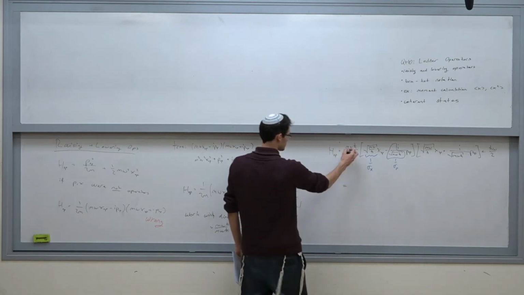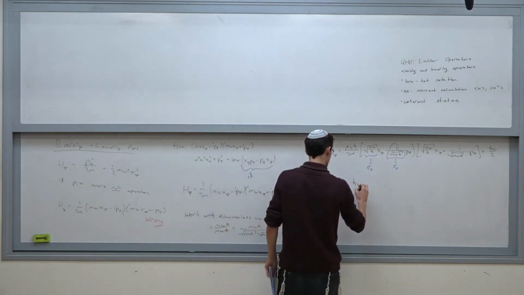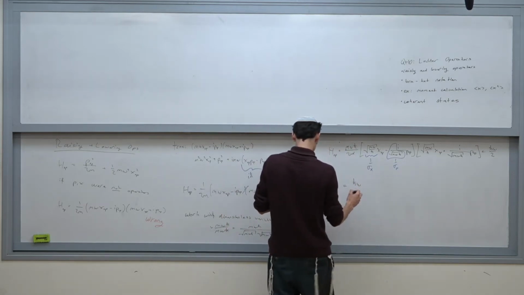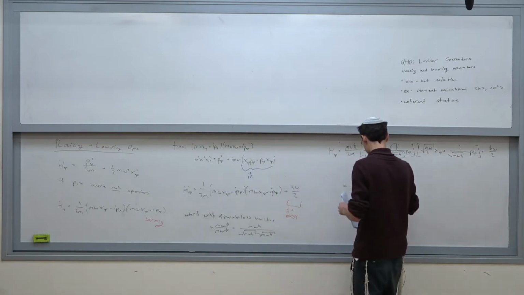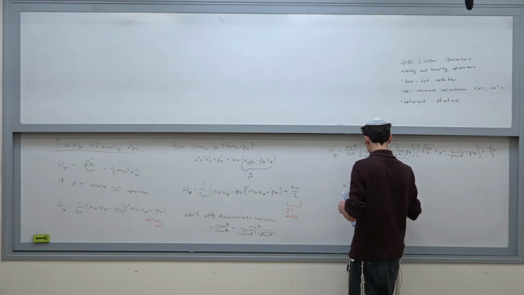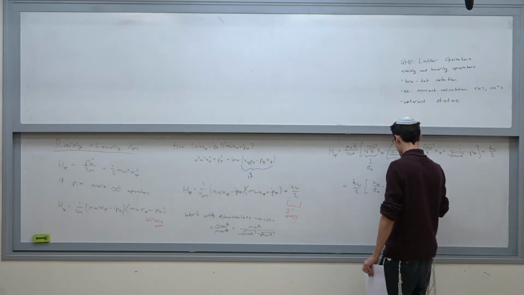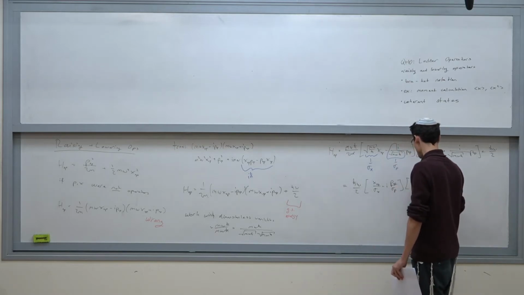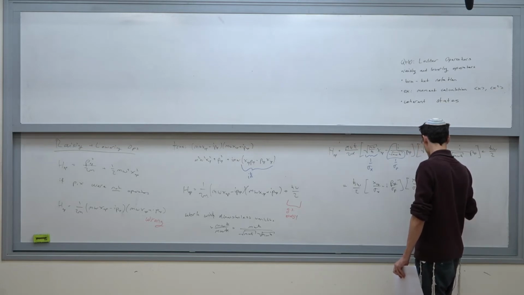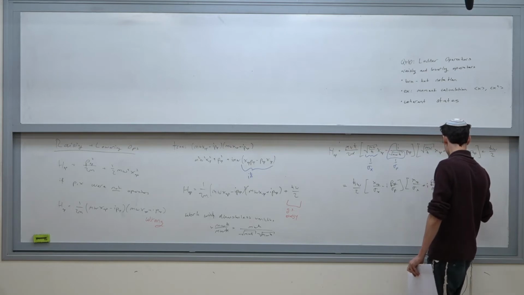I'm also going to cancel the m, so I have h bar omega divided by 2. Then there's an x operator divided by sigma x minus i p operator divided by sigma p. And then the same thing with the plus sign, plus the ground state energy.